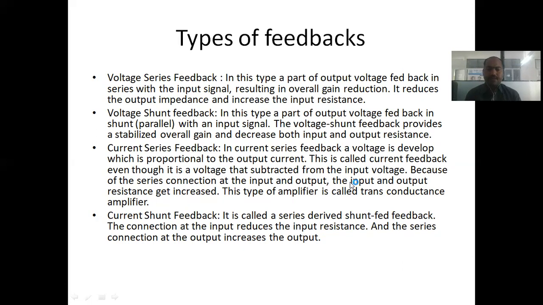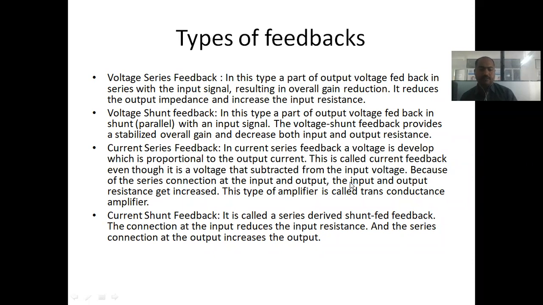So see, this is the thing with respect to current series feedback. The last type we have seen is current shunt feedback. Now see, voltage series, voltage shunt, current series, current shunt: the only thing is how the output is connected to the input, and that is nothing but a particular type of feedback, right?